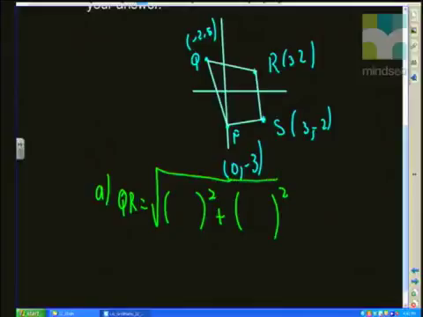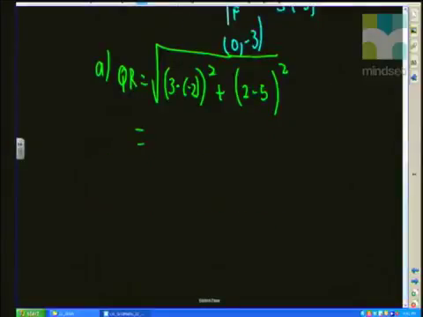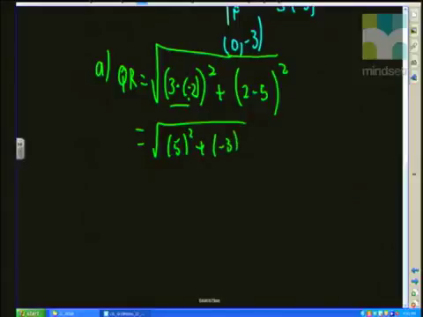Alright, so using Q and R, it's going to be x1 minus x2, so 3 minus (minus 2), and you note that I've put the minus 2 in brackets so that our signs are correct, and then 2 minus 5. So I get the root of 3 minus minus 2, which becomes 3 plus 2, which is 5 squared, plus 2 minus 5 is negative 3 squared.